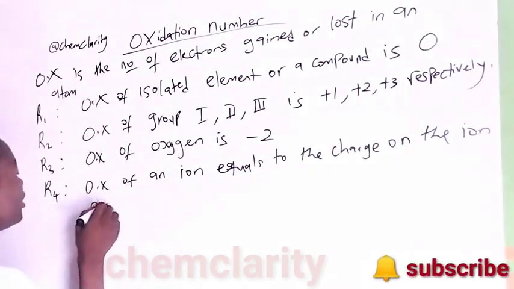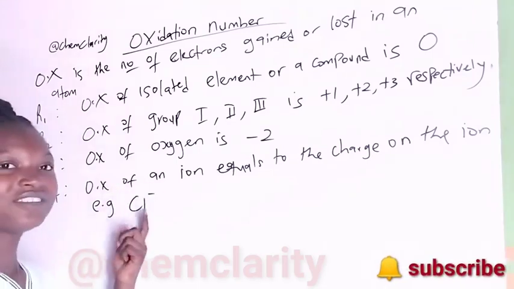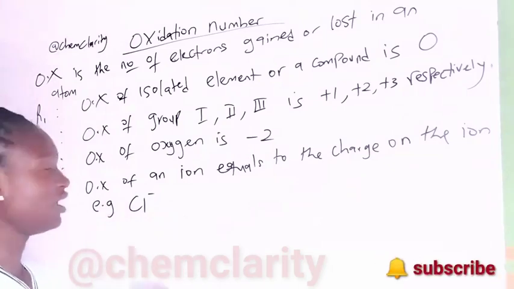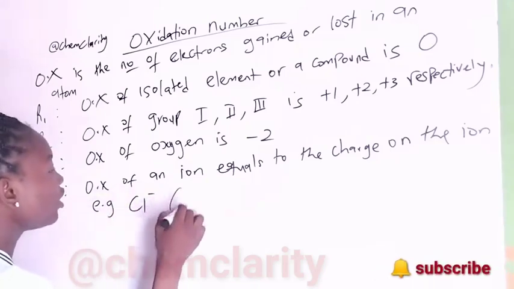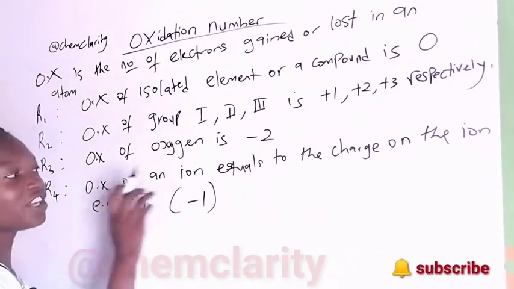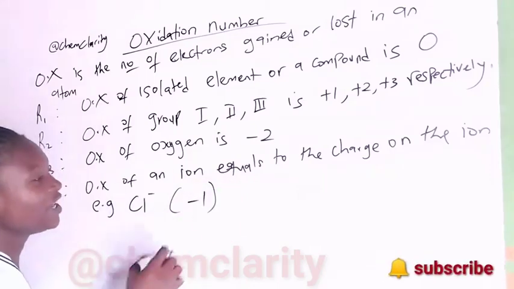For example, Cl minus, chloride ion, is an ion, not just chlorine. Now, the oxidation number of chloride will be -1 because we said the oxidation number of an ion equals the charge on the ion.